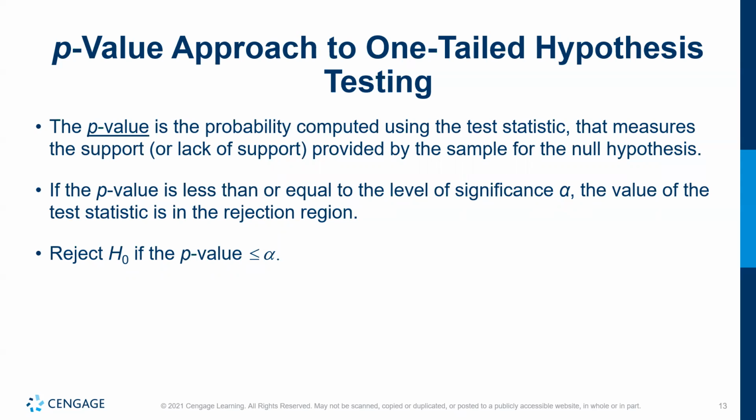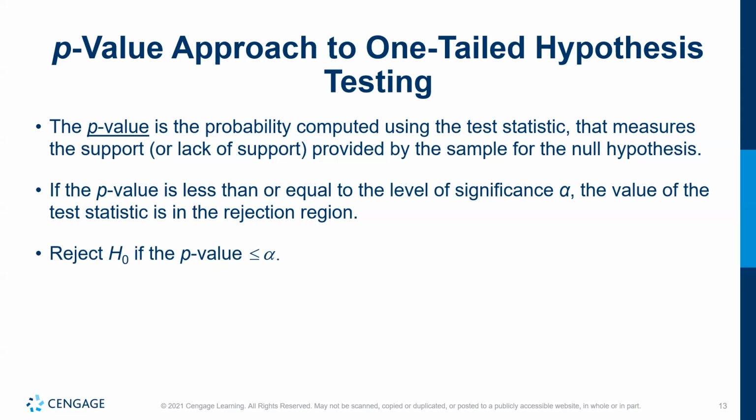But then there's two ways that we can look at it. They're the same, but anyway, one's called a p-value approach, and the other is called, what do they call it? Call it a critical value approach. So let me go through what those are.